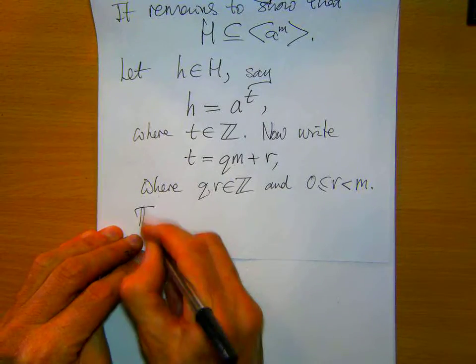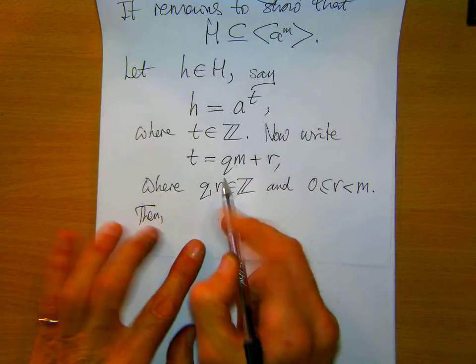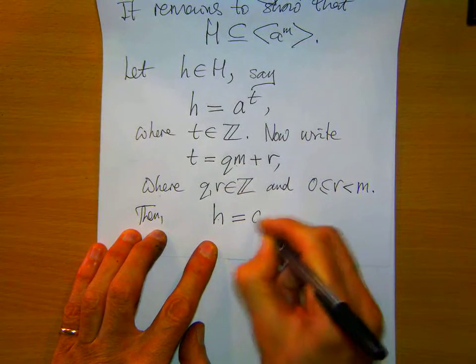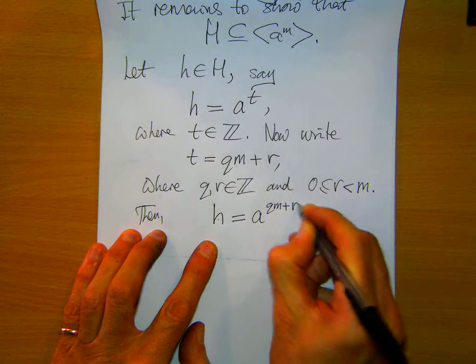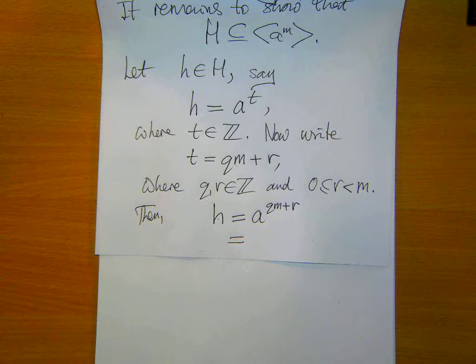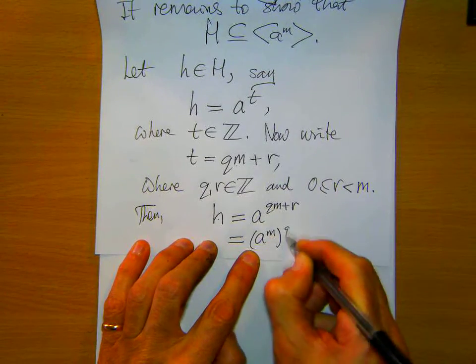So then I get h is a to the qm plus r, because t is qm plus r and h was a to the t. Now I'm going to use my index laws. Notice I'm using the index laws all the time. So this is a to the m, all to the q, a to the r.